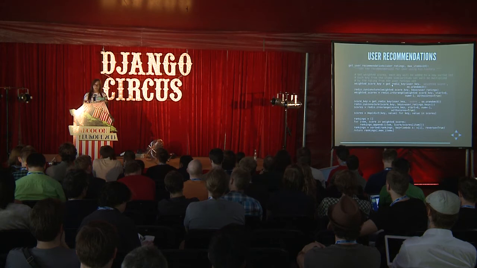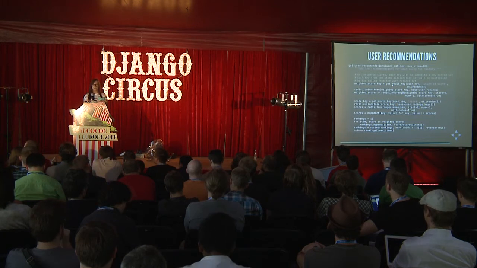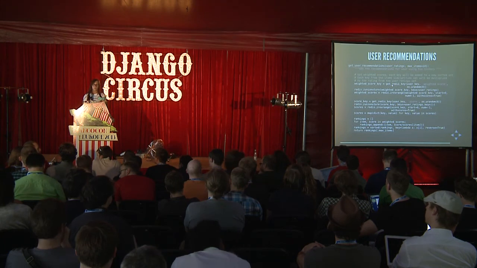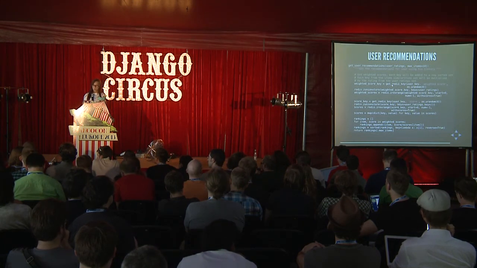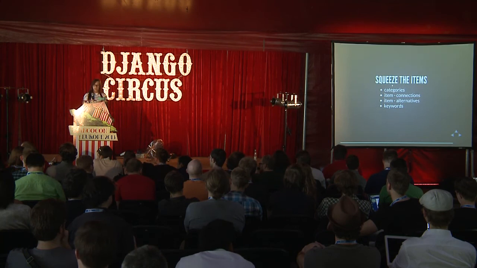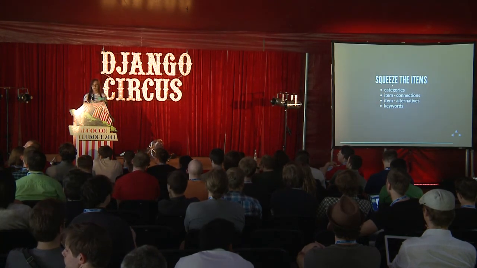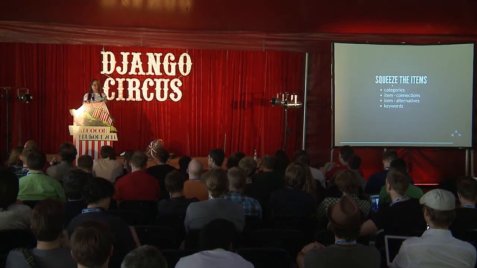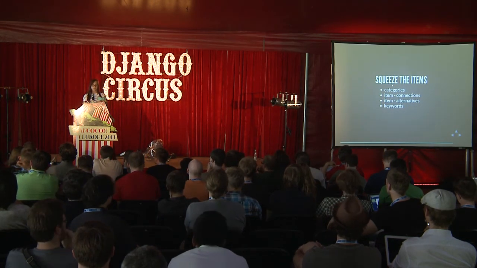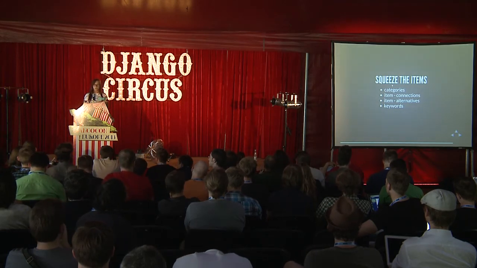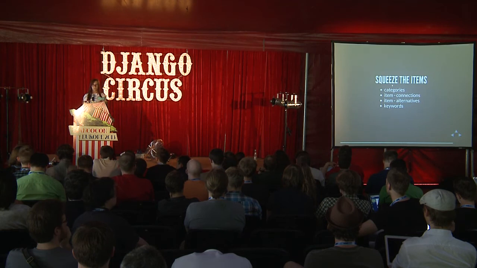For user recommendations, it's basically the same. We just want to have the weighted scores based on the elements that the user has taken actions on. The items that we have also have to be squeezed. This is the part where Solr is coming in. After we have these similarities and recommendations from our similarity storage, we would want to apply some boosters.